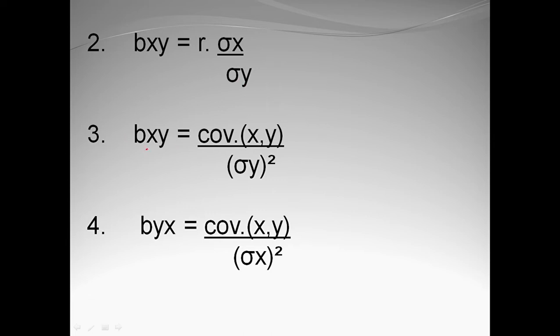Another formula is covariance of x and y upon standard deviation of y whole square, and byx is just the opposite of bxy, that is covariance of x and y upon the standard deviation of x whole square.